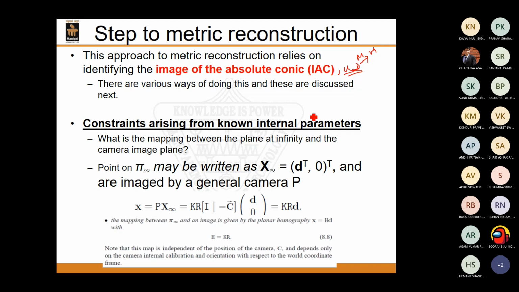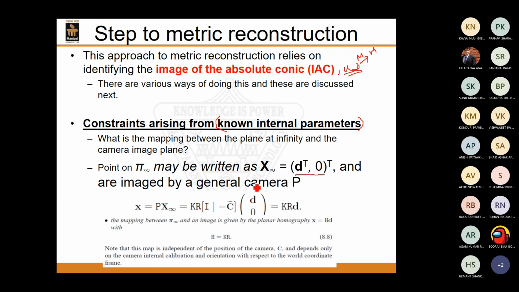One example of using prior information is using the known internal parameters of the camera. Let's say I have a point on pi infinity, which is the plane at infinity. Let me consider a point given by X infinity = (d transpose, 0) transpose.